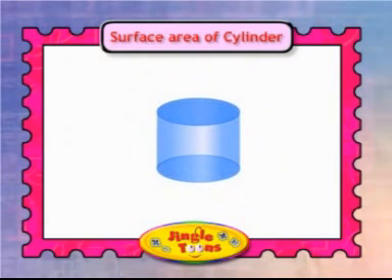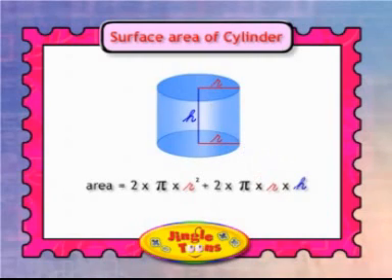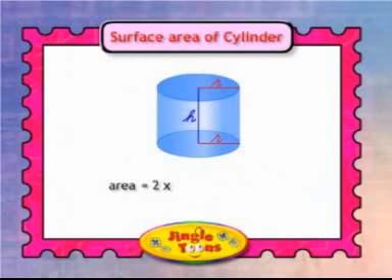So the formula to calculate the area of a cylinder with the radius r and height h will be area = 2 × pi × r² + 2 × pi × r × h, which comes down to area = 2 × pi × r × (r + h).